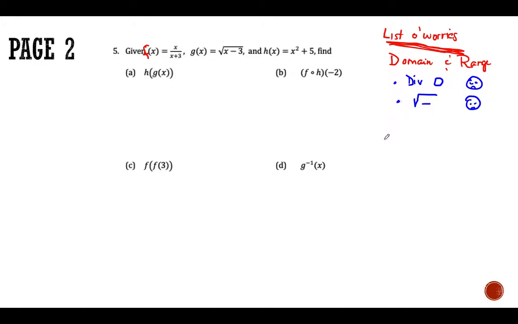There are others. The other one is, do you have a log where your base is negative, or a log where the argument is negative?